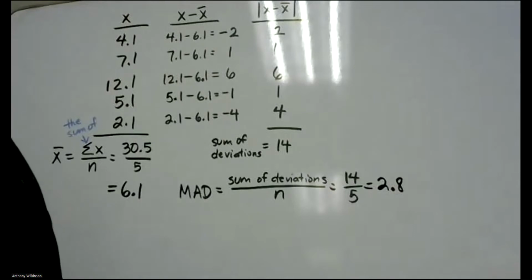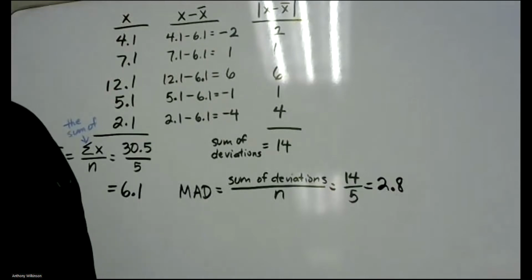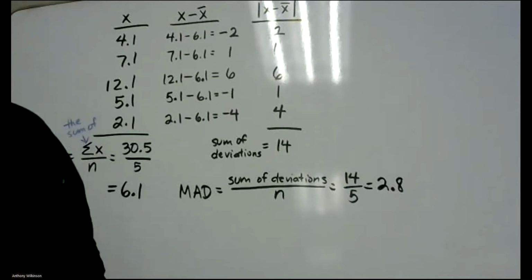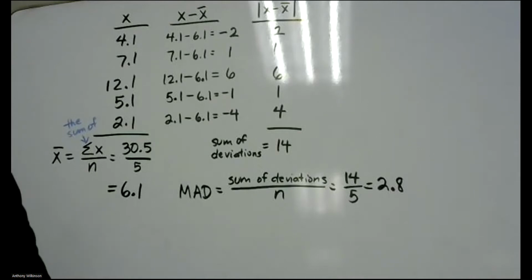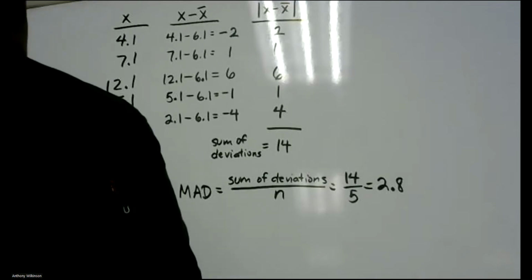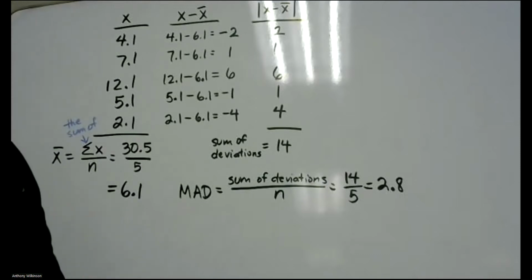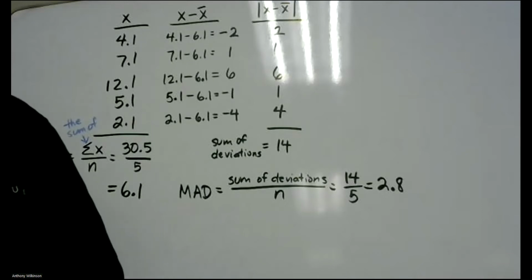Okay. So that 2.8 represents the mean absolute deviation. So the mean absolute deviation of this data set would be 2.8. Any questions on that example on finding the mean absolute deviation?